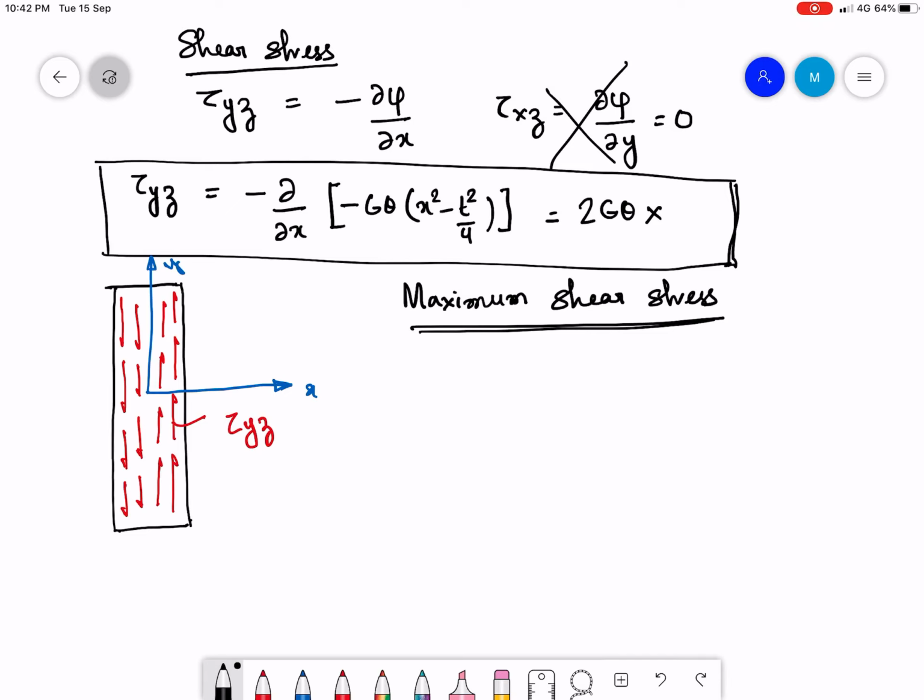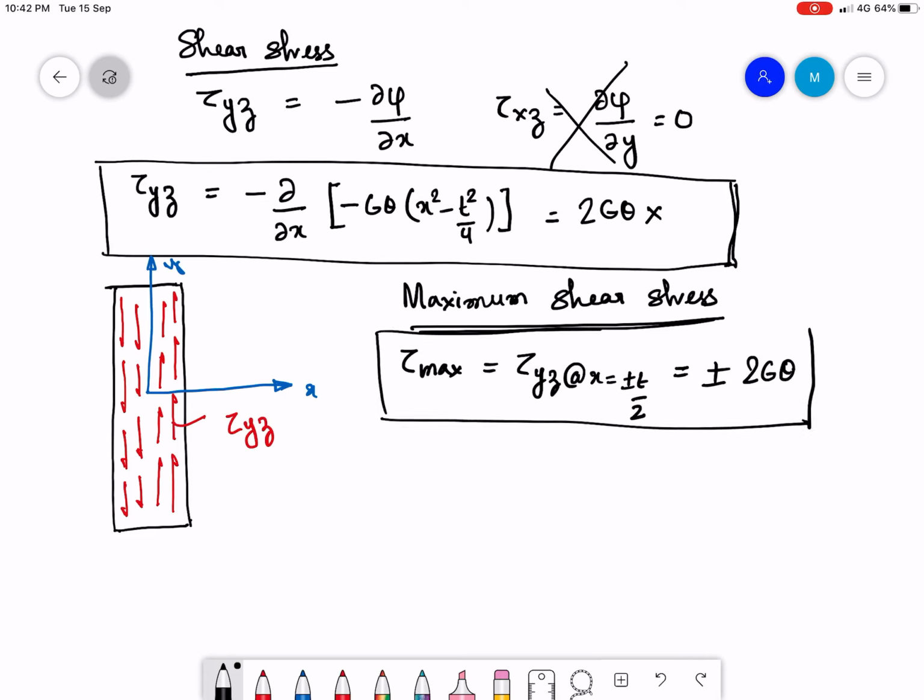Therefore, the maximum shear stress tau max is going to happen at these two boundaries. So, tau max, therefore, if I have a shaft with narrow rectangular cross section, the maximum value of the shear stress is going to be 2 g theta t.